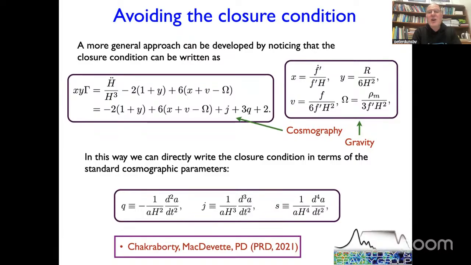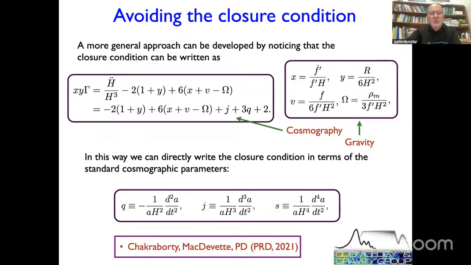One describing the gravitational sector, or the evolution of the variables x, y, and v. So that describes the dynamics of the dark energy sector. And then a set of equations which describe the kinematics of the universe, and that's going to come from the cosmographic parameters q, j, and then the higher order terms as well. The snap parameter, and then the next one up will be the lerk parameter.